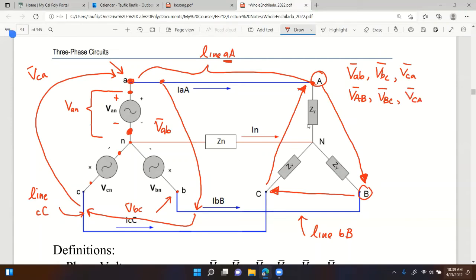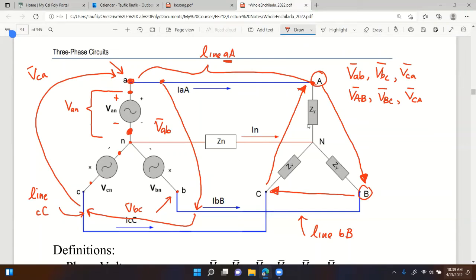What is the reason why I use arrows? Because you can see visually, or graphically, that I'm forming a closed loop, right? A to B, then the next one must be B to C, and the next one must be C to A. So if you look at the names that I use for these voltages, all these voltages form a closed loop.